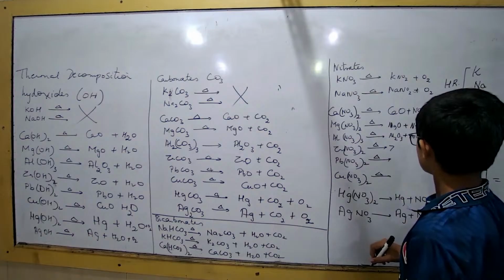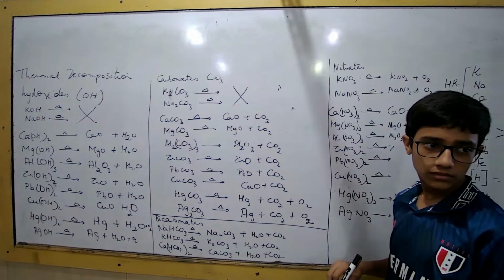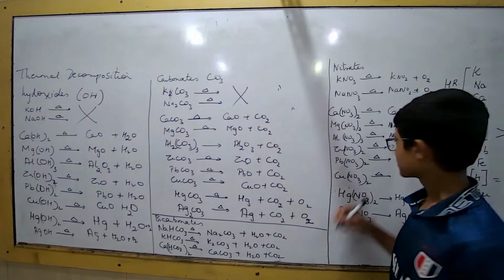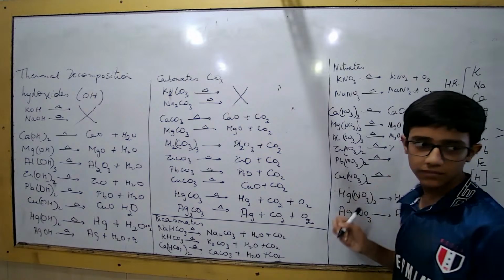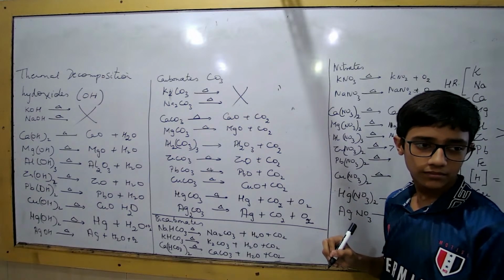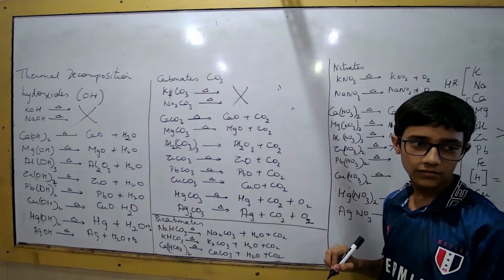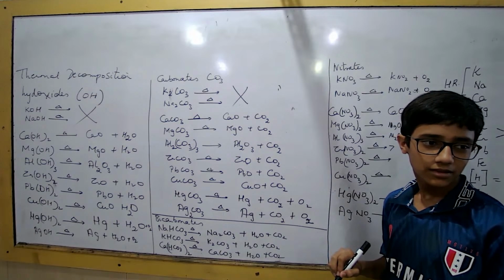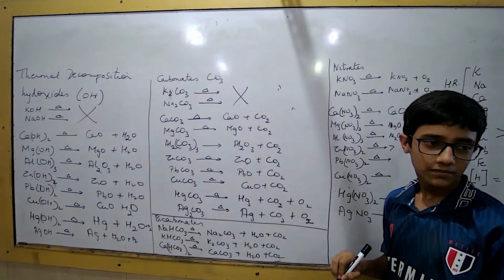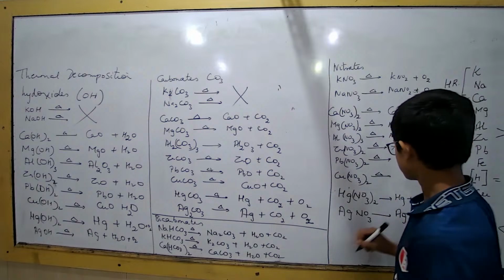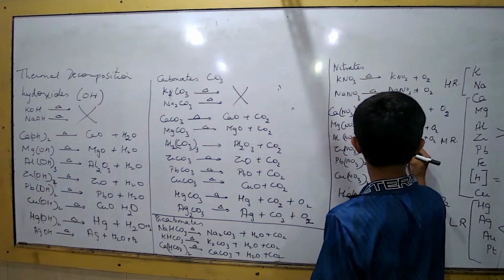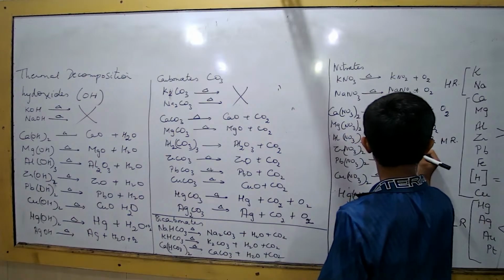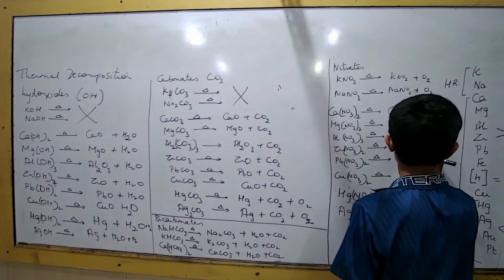PbO plus NO2 plus O2. Where's O2? Where's the O2? Why are you looking at me? What happened? Finish your work on the board. Come on, you'll do your work, hurry up.